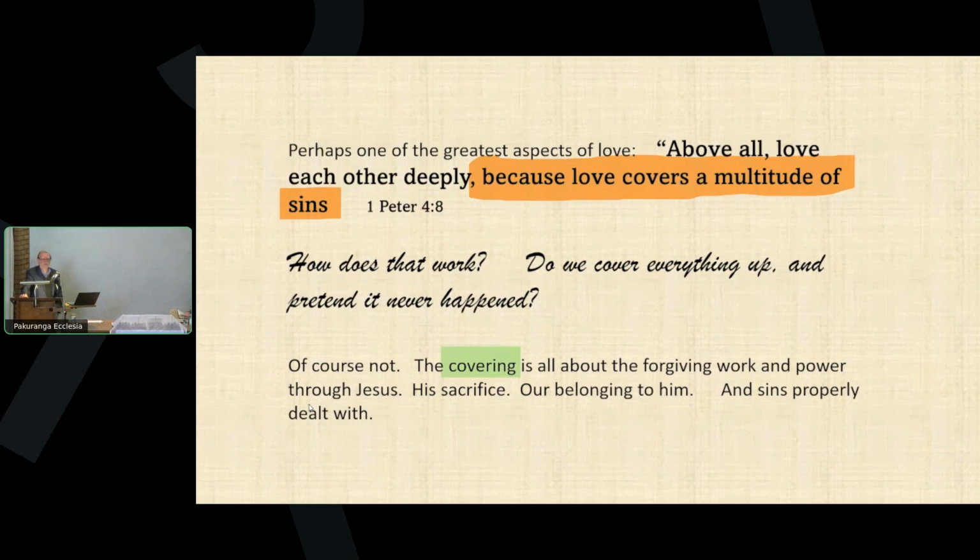That's a good covering, you know, let's just hide them out of sight. No, of course it isn't. The covering is all about the forgiving work and the power of Jesus' love, his sacrifice, what he did for us, and sins properly covered, properly dealt with, properly atoned for.